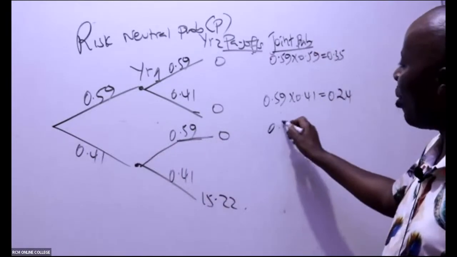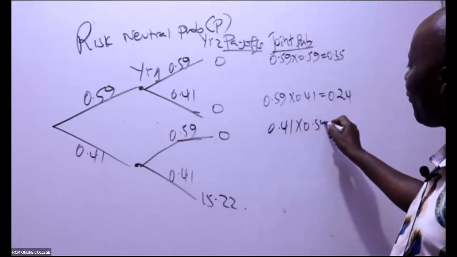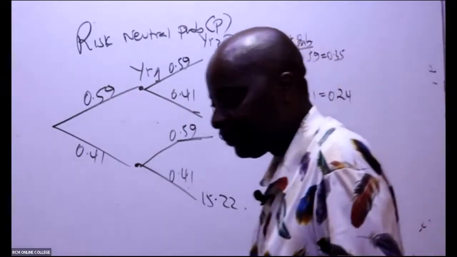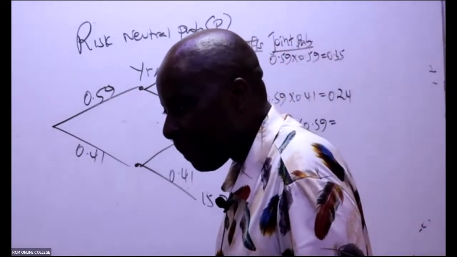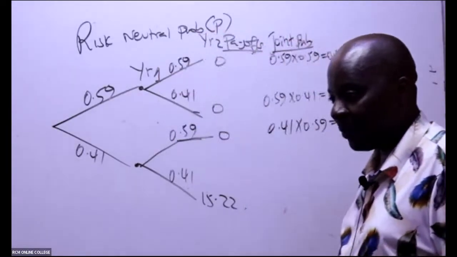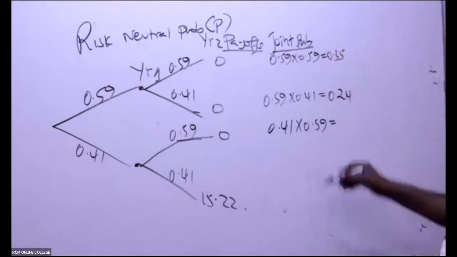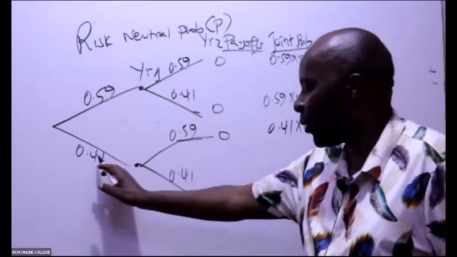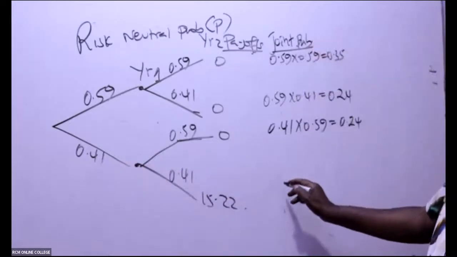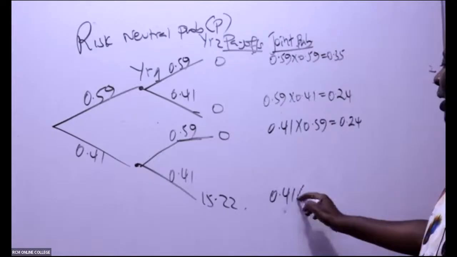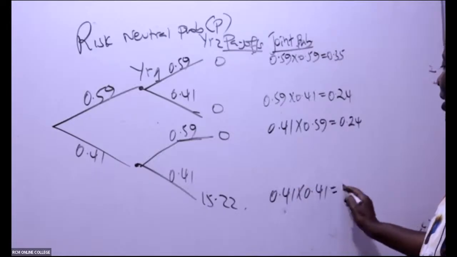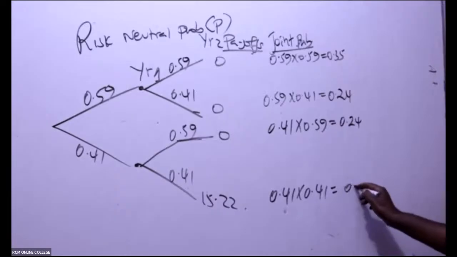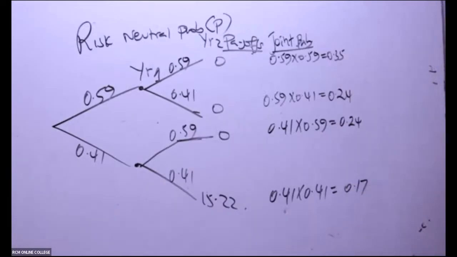So this will be 0.41 times 0.59, which will again give us 0.24. And then we have 0.41 times 0.41. I'm being told it's 0.17.